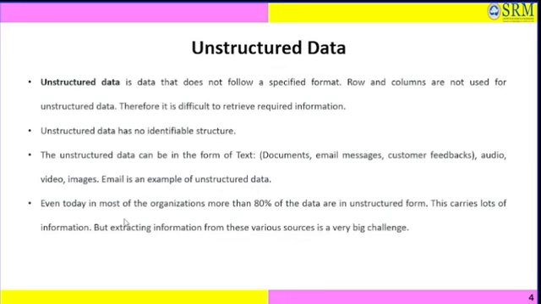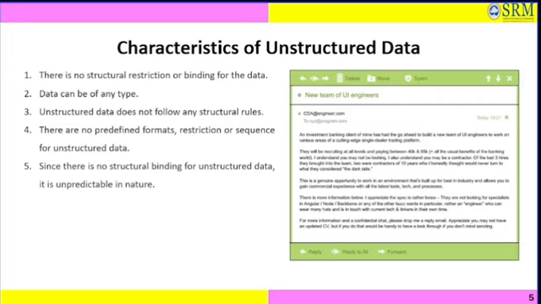Even today, in most of the organizations, more than 80% of the data is in unstructured form. This carries lots of information, but extracting information from this unstructured data is a very big challenge. Characteristics of unstructured data. There is no structural restriction or binding for the data.